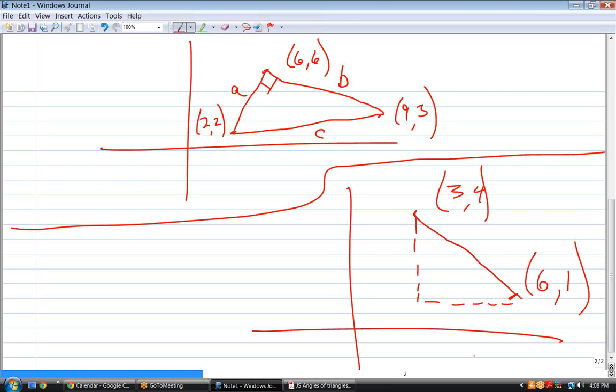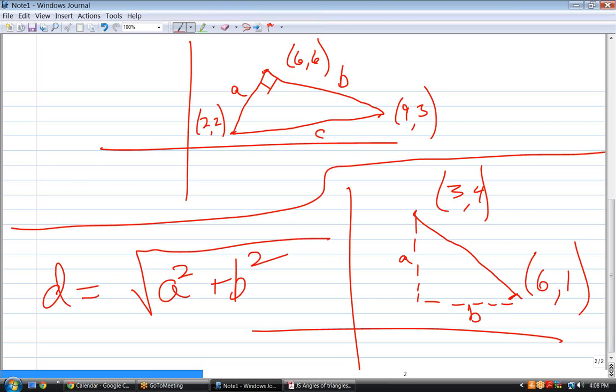So the distance between 2 points is the same as the hypotenuse of that right triangle. If that's A and that's B, then the distance between the 2 points is the square root of A squared plus B squared, which is the formula for the hypotenuse of any right triangle.